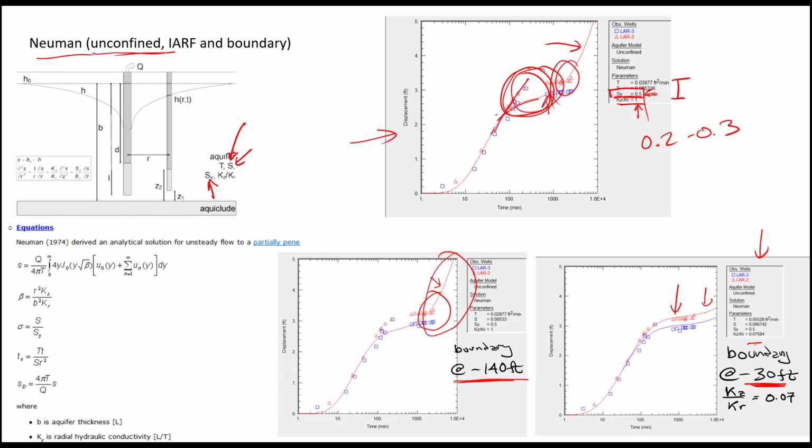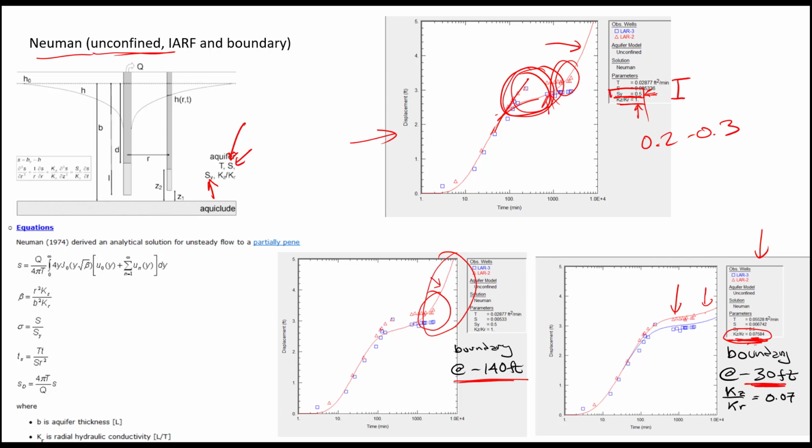Also, down here, there's the anisotropy ratio, and you can see that's quite small. That means that the vertical hydraulic conductivity is much smaller than the horizontal hydraulic conductivity. And that kind of makes sense because our conceptual model for this aquifer is that it's fractured rock, and there are several fractures that we can see in the borehole that are sub-horizontal, and if you average that out, it would give a horizontal hydraulic conductivity that's greater than the vertical.